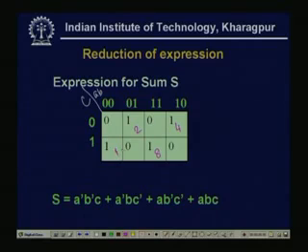So, for these 4 the output will be 1, that means the sum bit will be 1 and the remaining sum bits will be zeros.